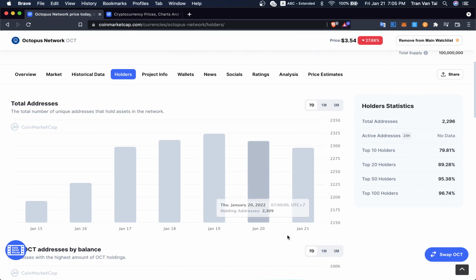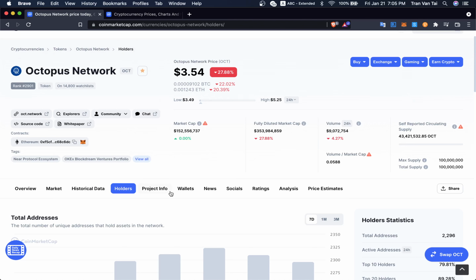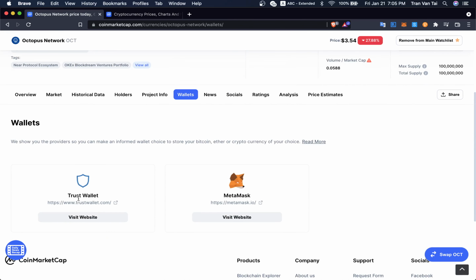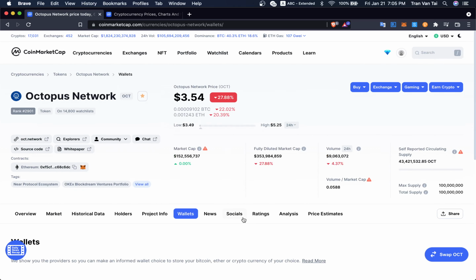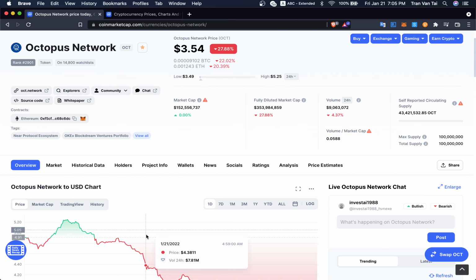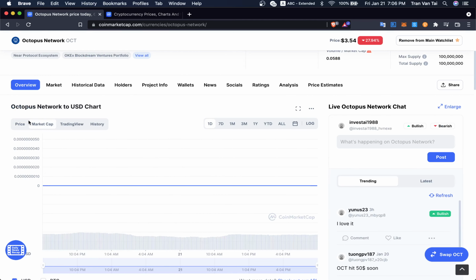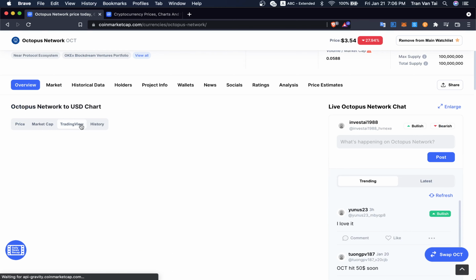You see here, and wallet here. Use MetaMask or Trust Wallet. Check overview. You can see price movement day by day and week by week. Can you view here?